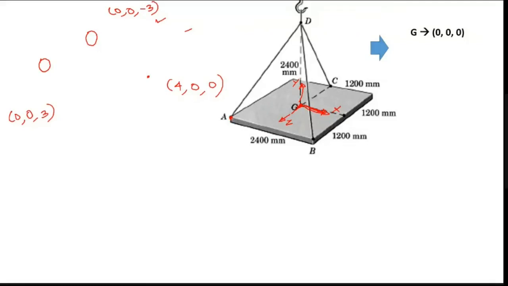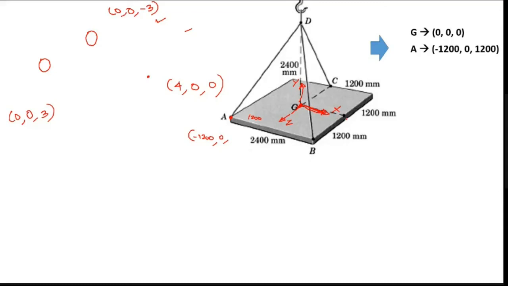X is 1200 distance, right? So A is minus, since this is positive, here it is -1200. Y there is none, so 0. Z has a positive 1200. So it is -1200, 0, 1200.